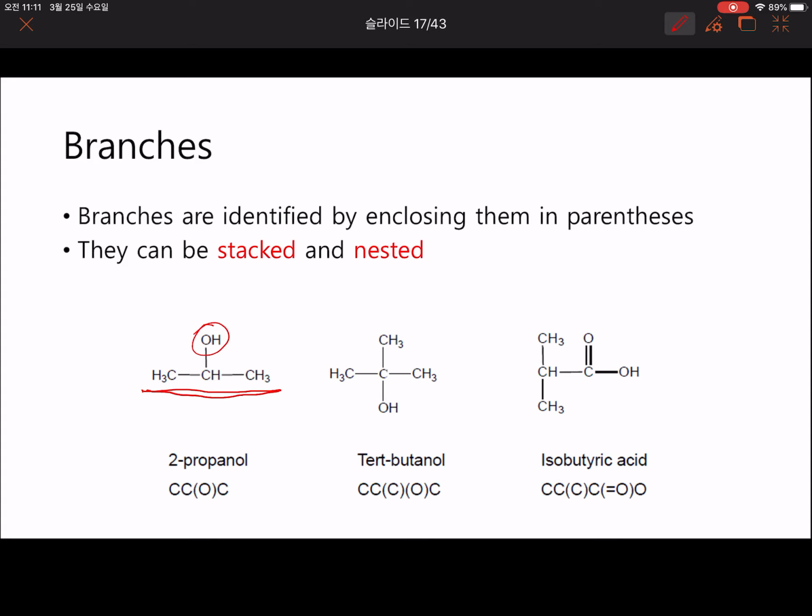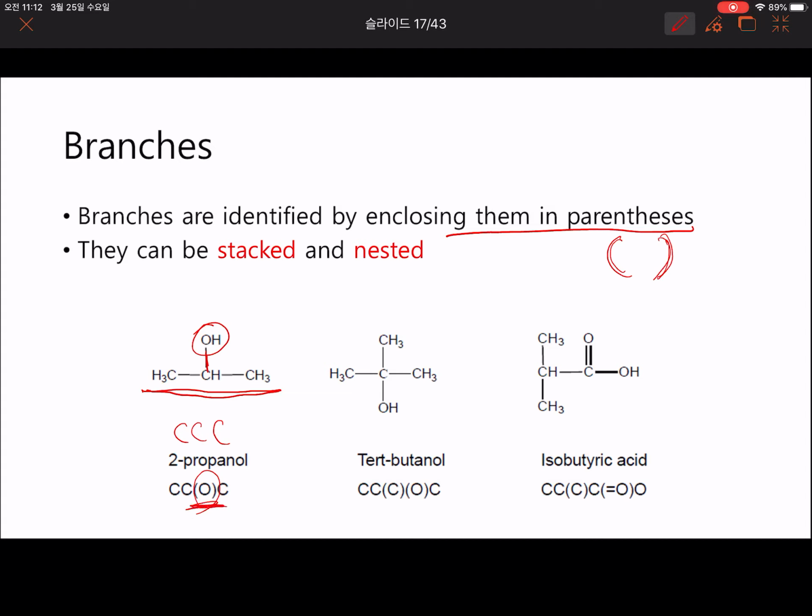So this is a branched molecule. Basically, branches are written in parentheses. The simple propane is just CCC, but in order to represent this, this O is a branched atom, so it is put inside the parentheses.